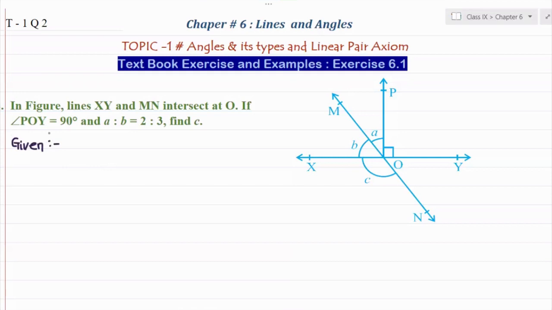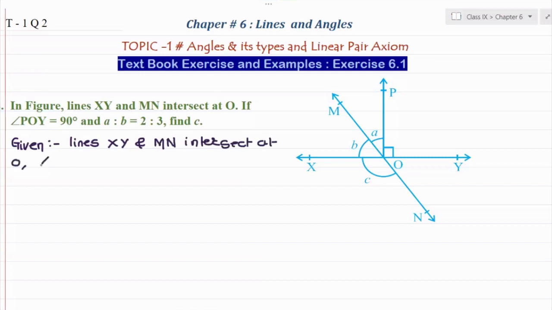Given is that lines XY and MN are intersecting at O. So this is the first thing we can say: they intersect at O.